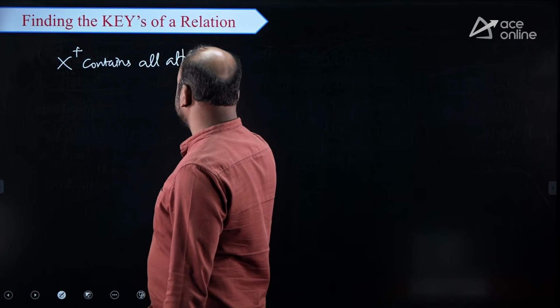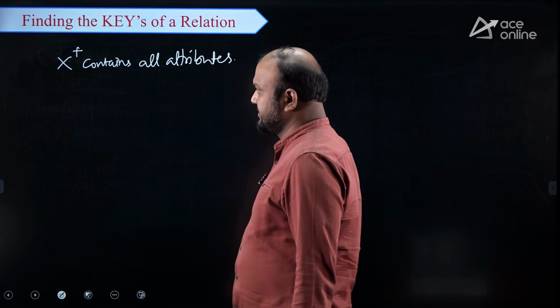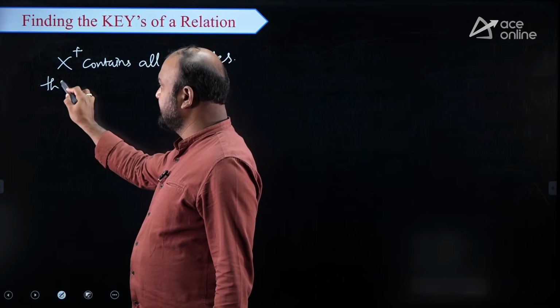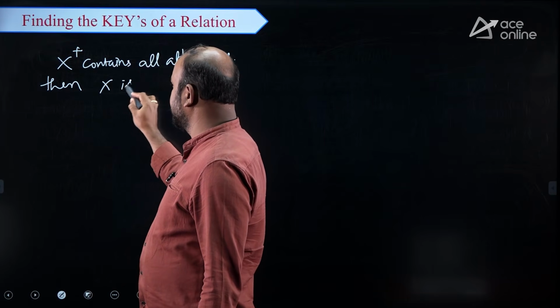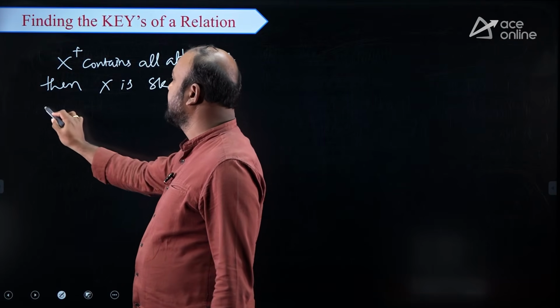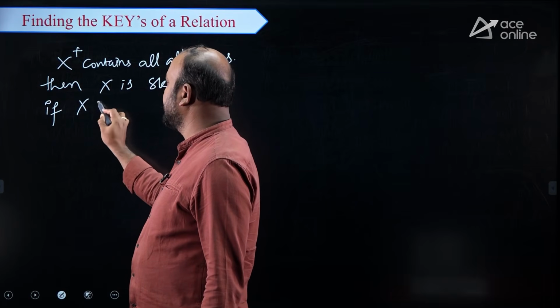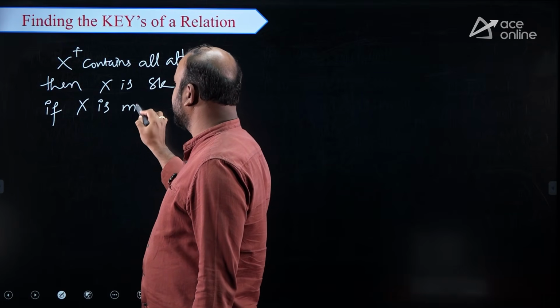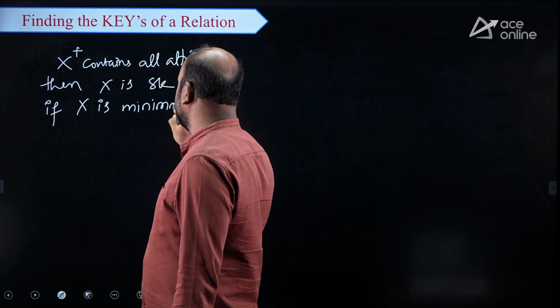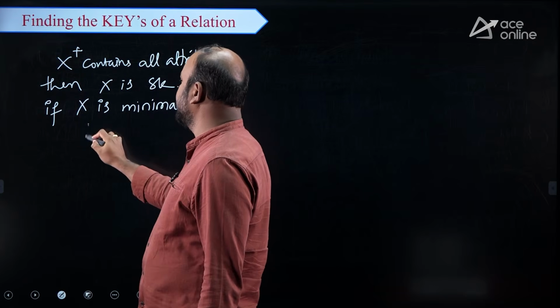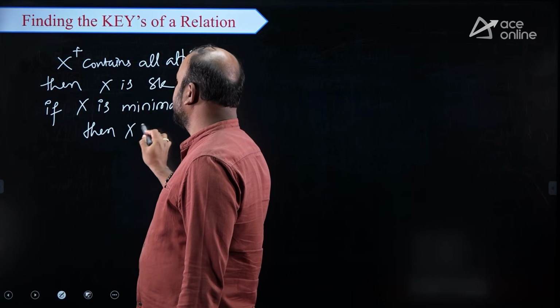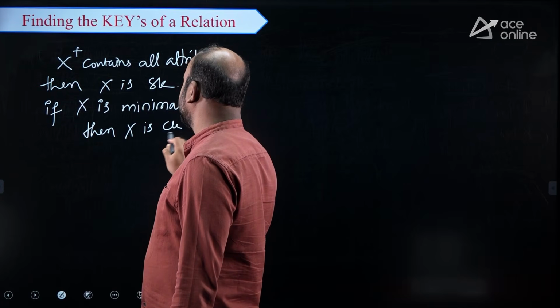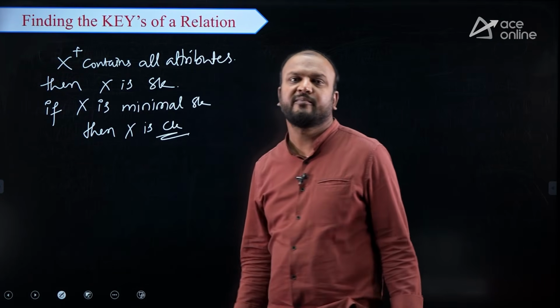If the closure of X contains all attributes, then we say X is super key. If X is minimal super key, then X is candidate key and one of the candidate keys will be used as a primary key.